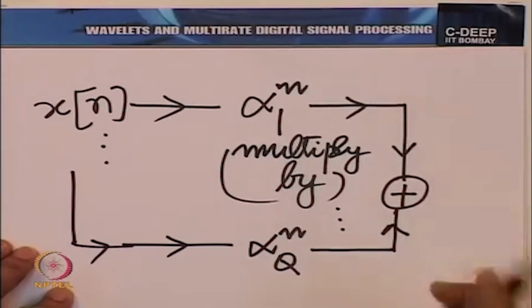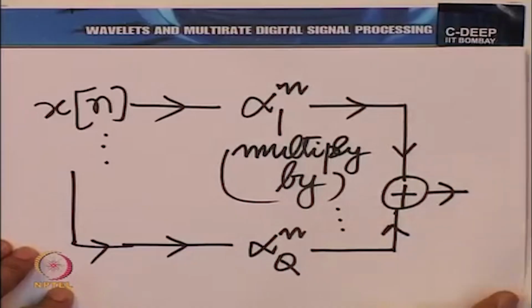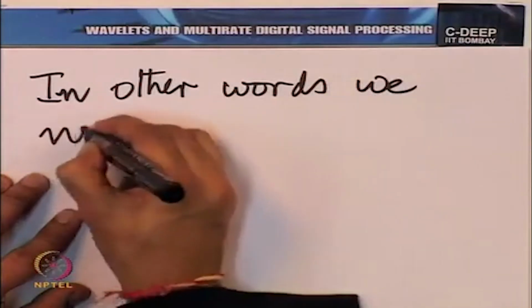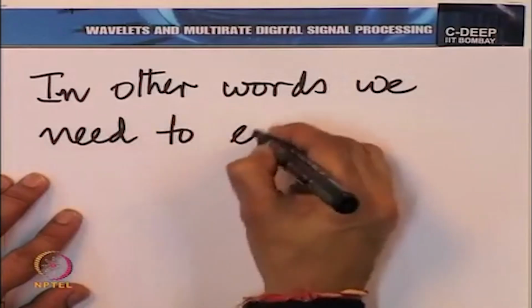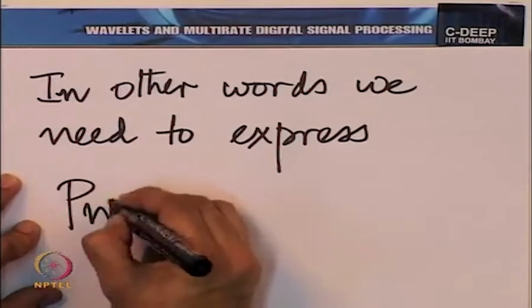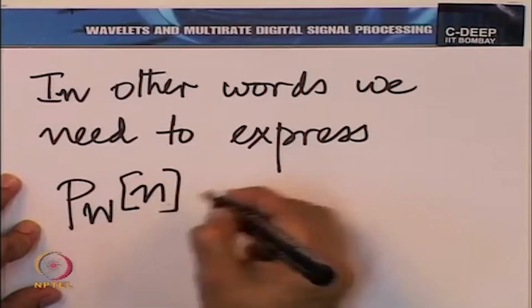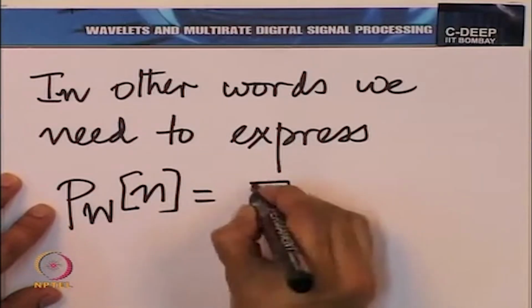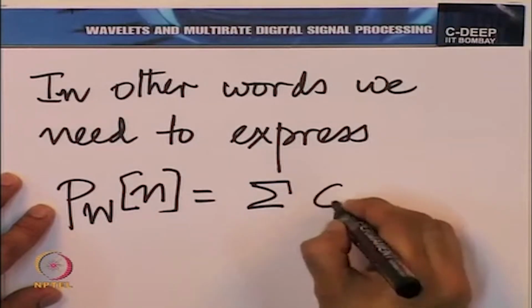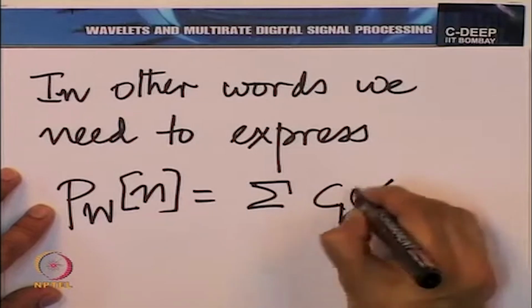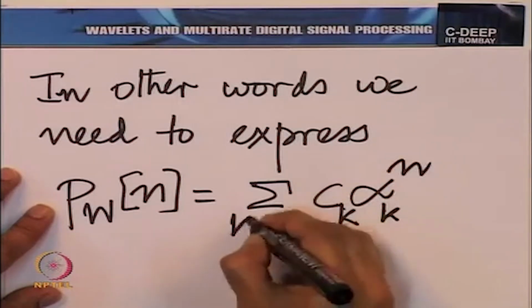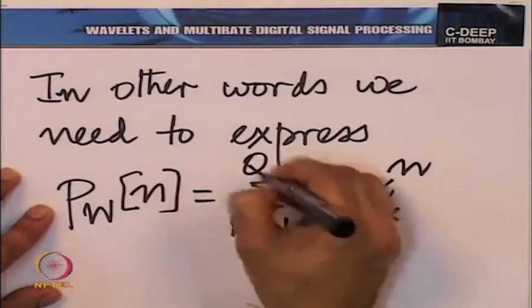So, the other way of saying it is we need to express PWN as a linear combination, let us say, C_k times alpha_k to the power n, k going from, let us say, 1 to q.